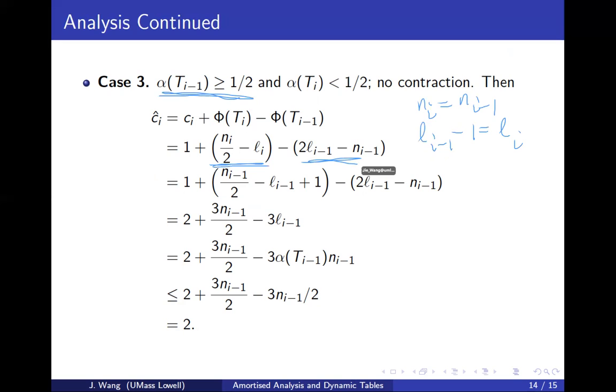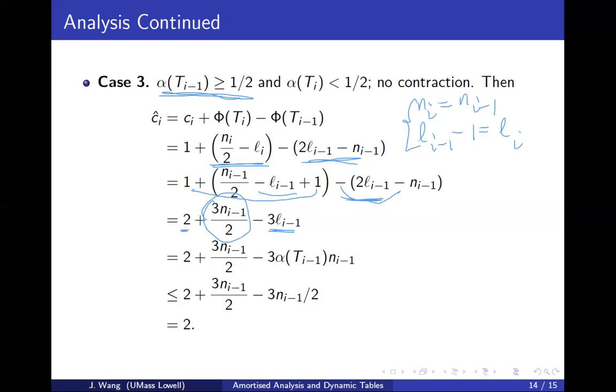So plug in these relations, and minus and minus becomes positive. This is also negative, so you get negative 3 times that, and then this 1 plus 1 becomes 2.